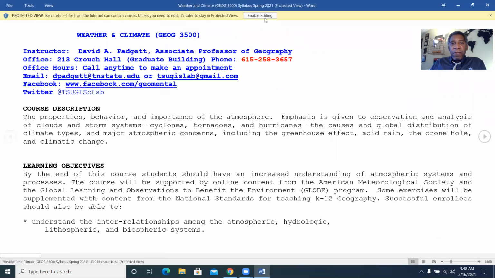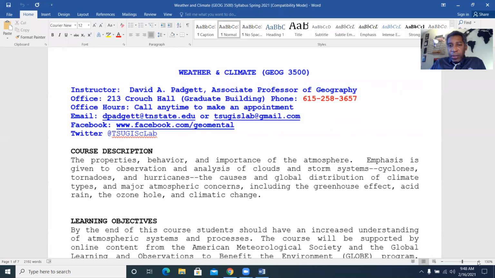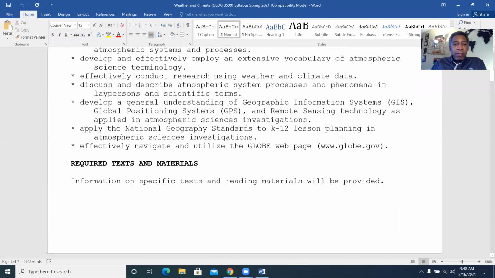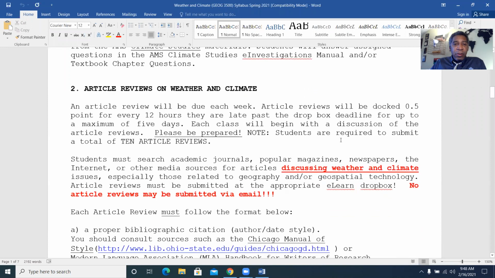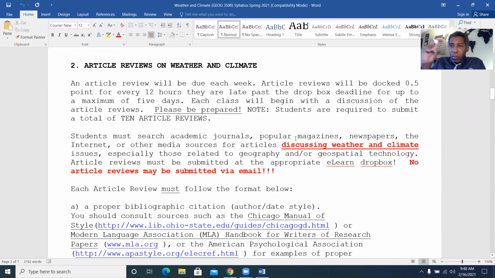There's a specific format for the article reviews, explained here in the syllabus. Each week you will turn in 1 article. Okay, don't turn in 10. It's not 10 per week. You're not in graduate school yet. This is just for undergrad.